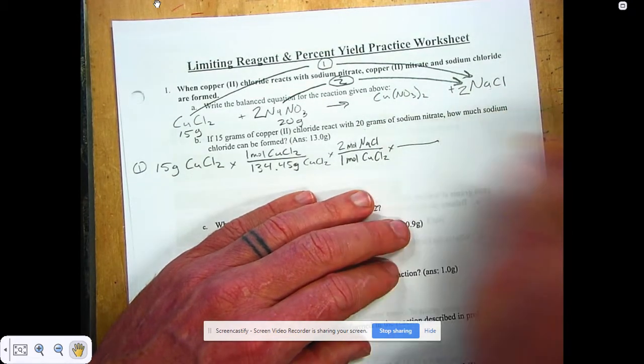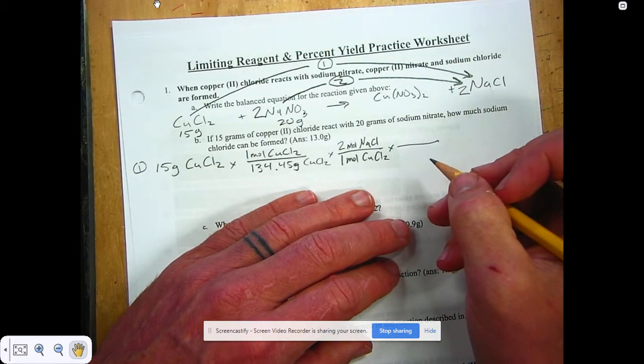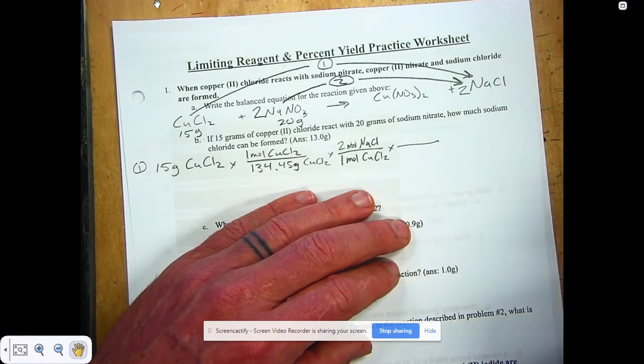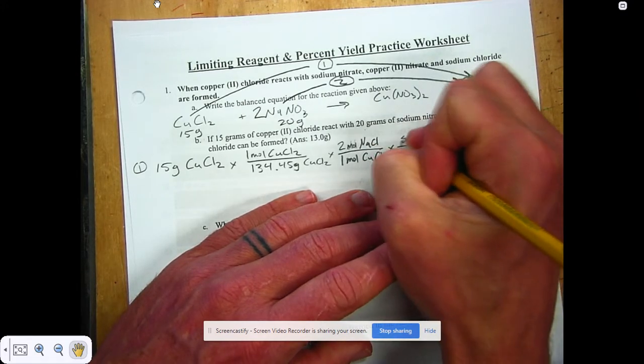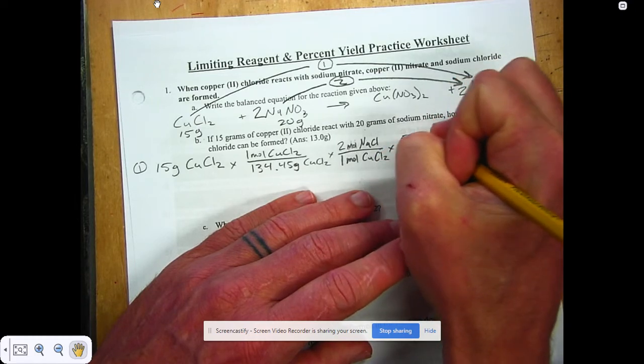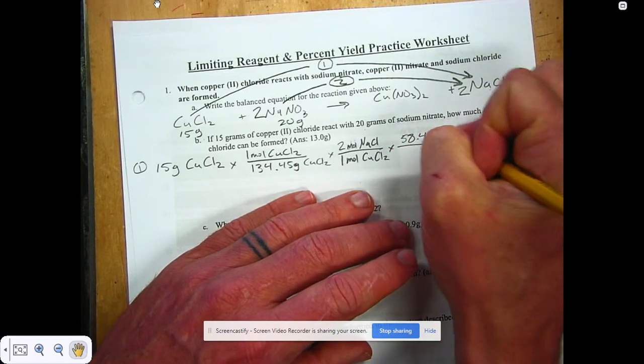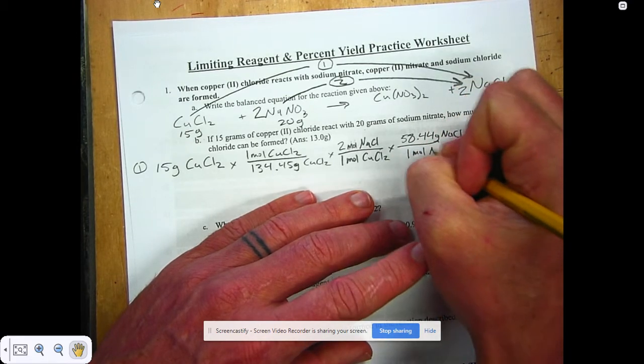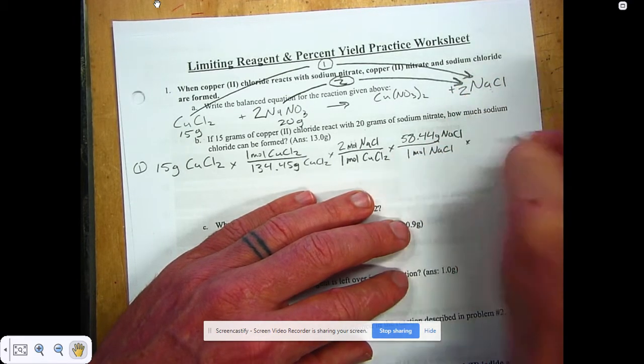Then we're going to multiply that by the molar mass of sodium chloride, which is 58.44 grams per 1 mole of sodium chloride.